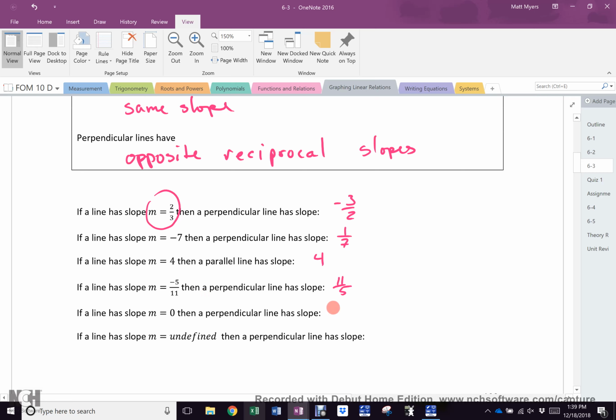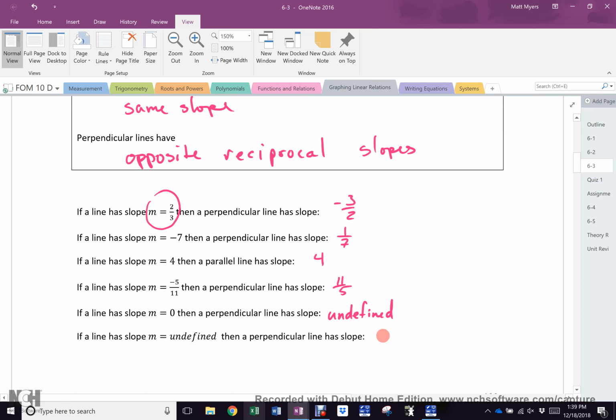If ST is perpendicular to AB, then the slope of ST will equal the reciprocal. So AB over 1 would be normal, yes? I would reciprocate it, so it would be 1 over AB, and it would be negative. Everybody understand?